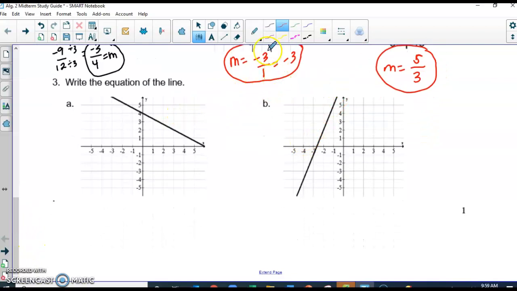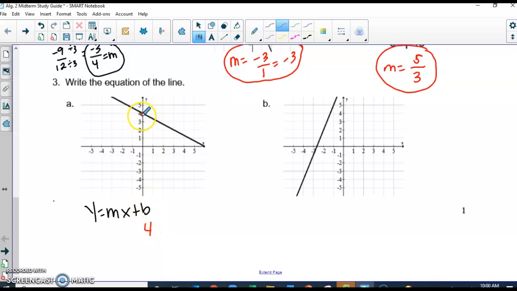For the last part of page 1, I have to write my equation of the line again. So I know that the equation of my line is y equals mx plus b. For both of these, I'm given a line. So I need to look for my starting point. Remember, my b is that y-intercept, the point where the line crosses the y-axis. For this it is 4, the point (0, 4). So we put 4 in for our b.